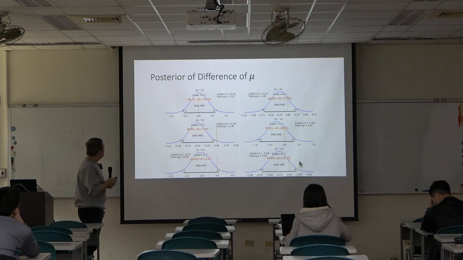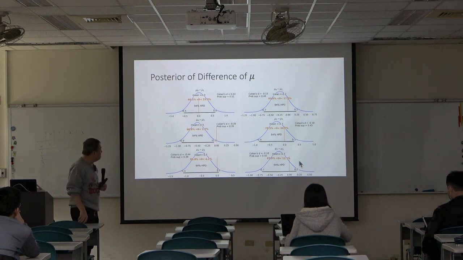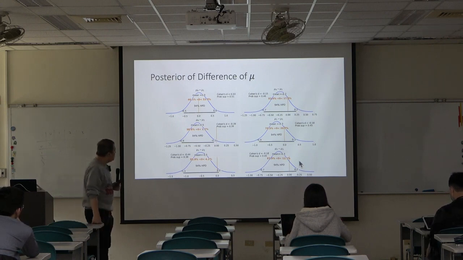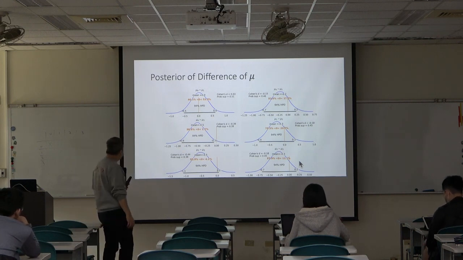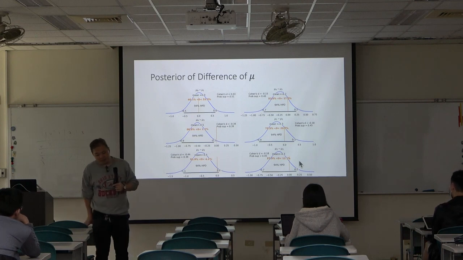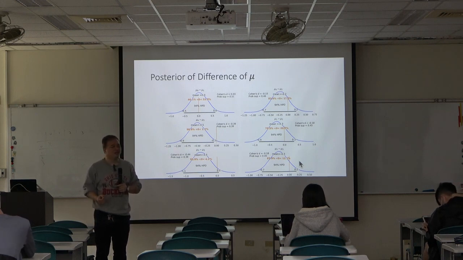So we are able to output the difference of the means in terms of posterior distribution. In here we also mark the reference value, which is 0, because when we subtract one mean from another, if the difference is 0, that means they are similar.